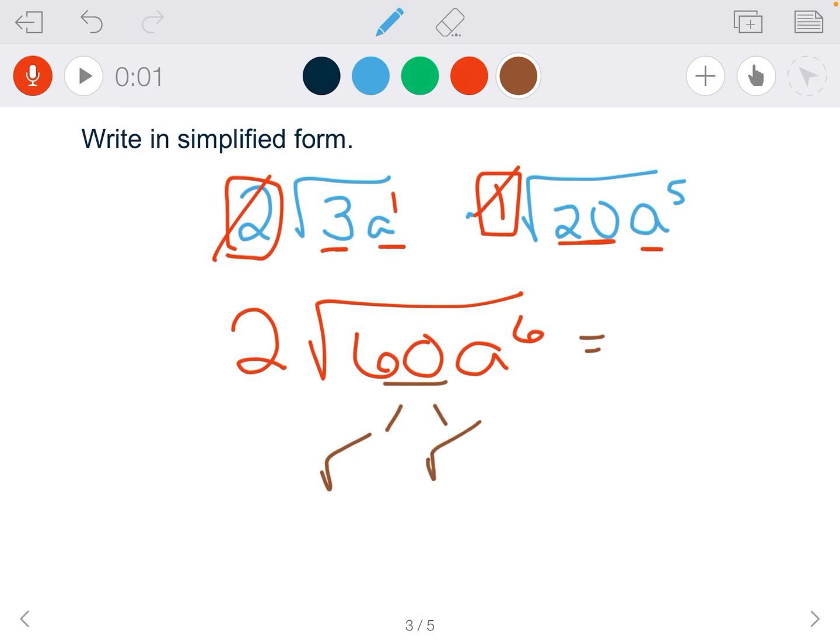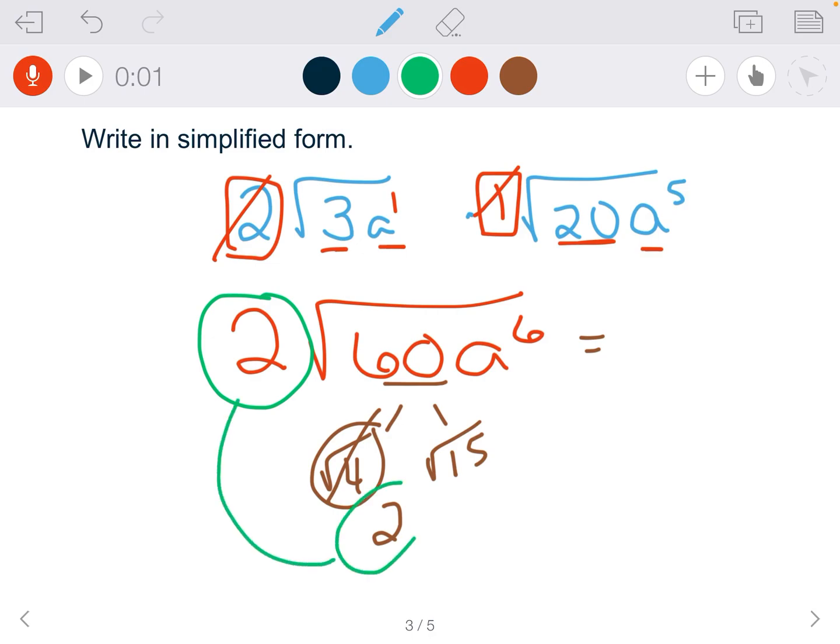I'll find a square that will go into 60 evenly, and I think 4. 4 goes into 60 15 times. I did this so I can get my square root of 4, which is 2. I already have an outside number, so I'm going to multiply those two numbers together. So 2 times 2 is 4.